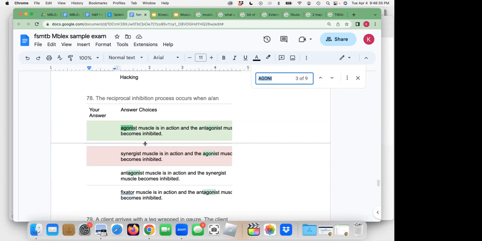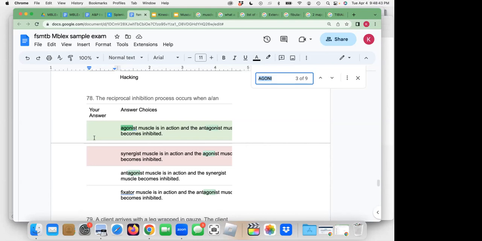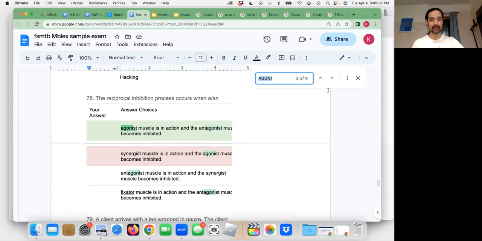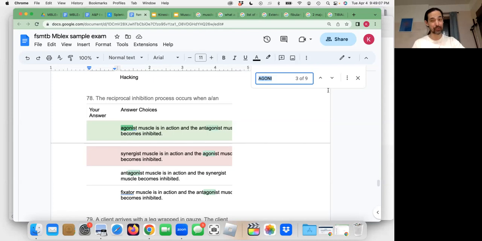The first one. Yes, but can you say when the agonist is in action, the antagonist is inhibited? The agonist is the one that is doing all the work, which is flexing, is it? No, I would say shortening. Shortening, yes.